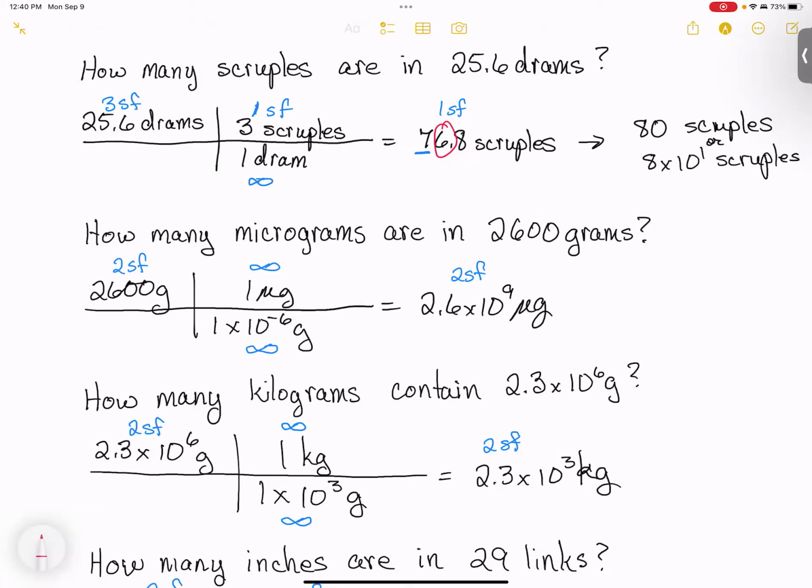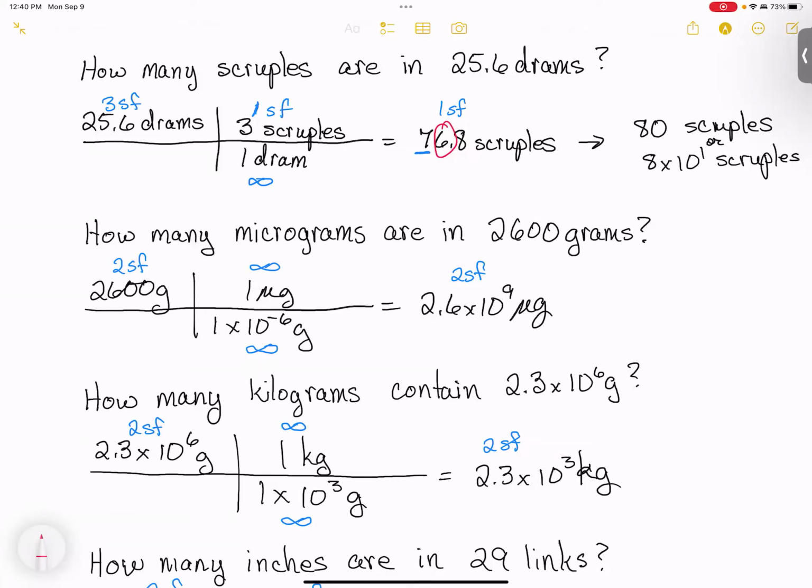For the first question, you have scruples in some and no S in the following. It's just a multiple of 1 scruple.